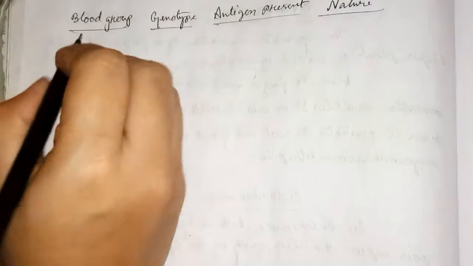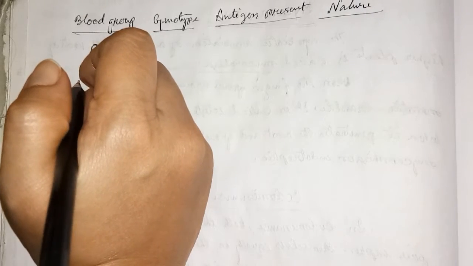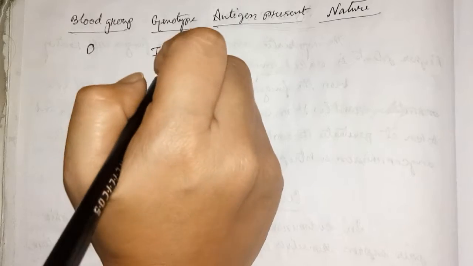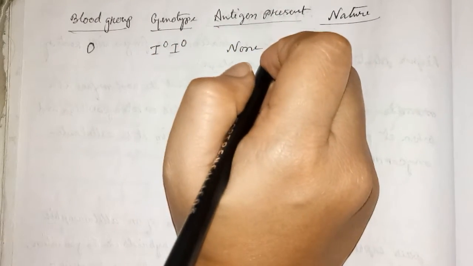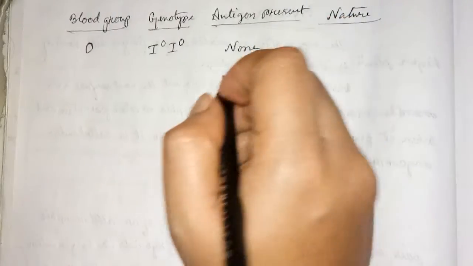So first, blood group O. Genotype present in blood group O is IO. Antigen present, obviously none, and the nature, that is recessive.